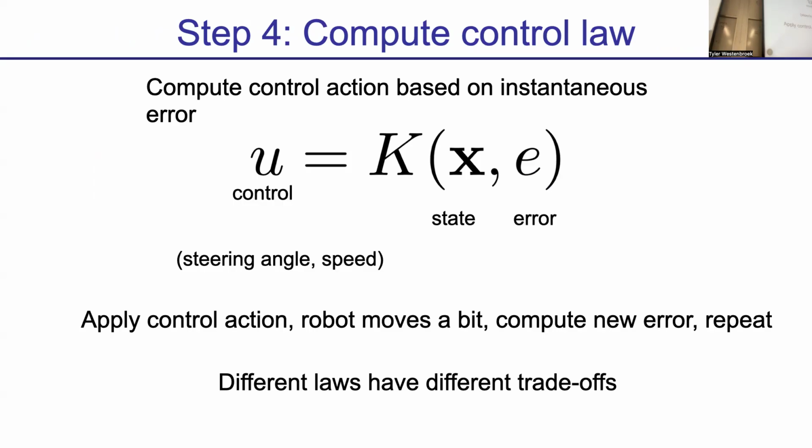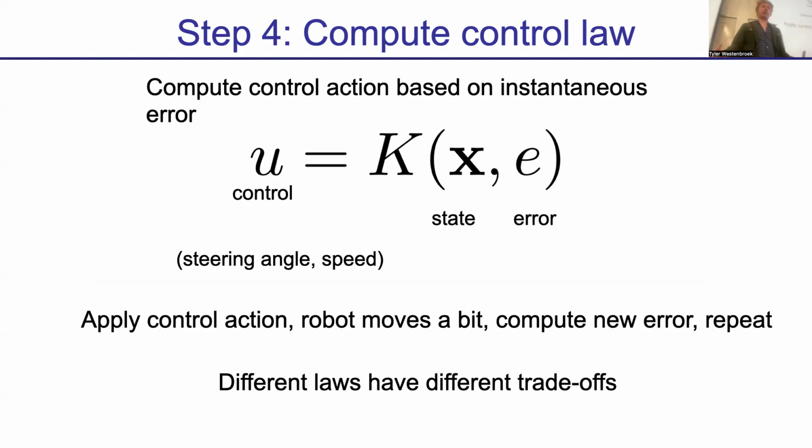The way you want to think about these is what a controller does at every point in time, or maybe every discrete interval of time where I update my controller, I look at the state of my system, I look at the error from where I am to where I want to go, and I think about, okay, how do I push my system back to where I want it to go?